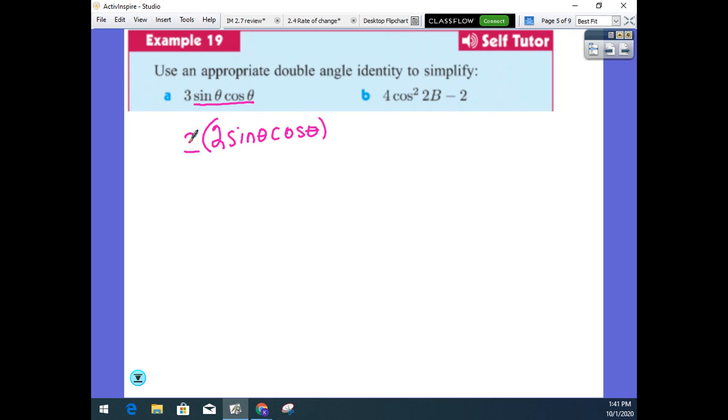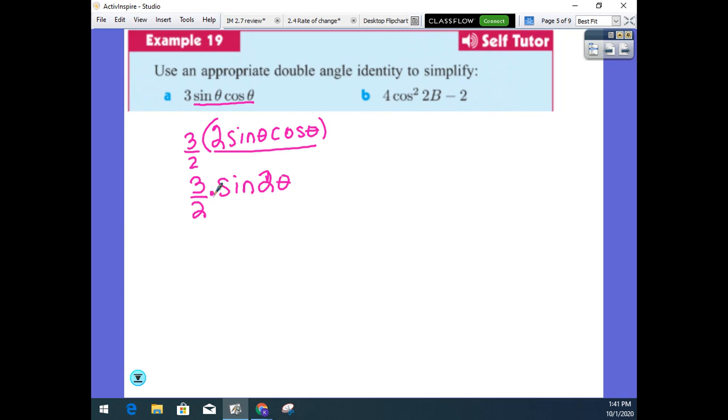If I multiply this by 3 over 2, wouldn't you agree this is really just 3 sine cosine? So I'm going to manipulate this with an identity that we know, because I can now replace 2 sine cosine with the double angle, sine of 2 theta.